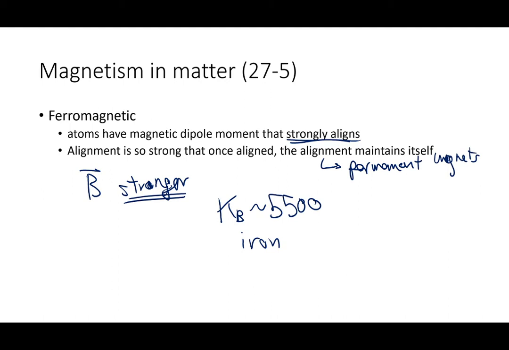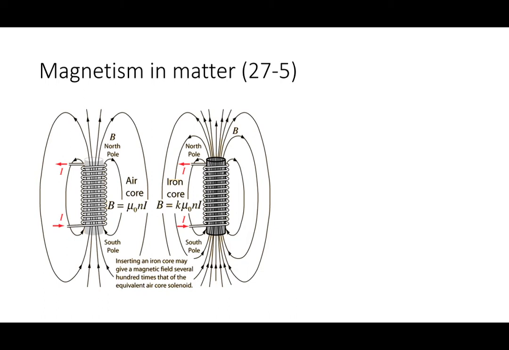So compared to most normal material being 1, your iron has a kappa of 5,500, which effectively means that if you shove an iron core inside a solenoid, right, you replace the mu naught with kappa mu naught, in this case K, you go from this number for magnetic field to basically 5,000 times of that.